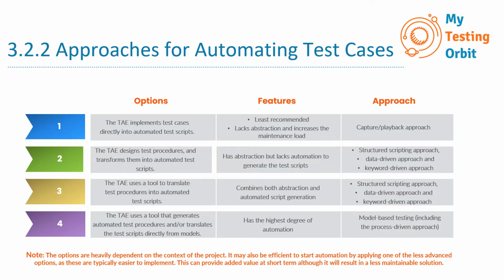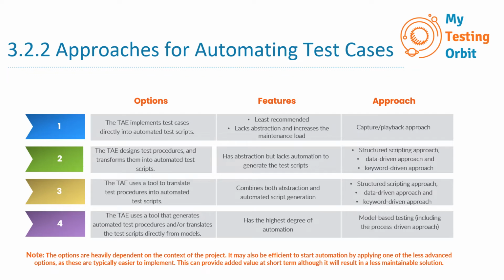Or maybe the first option is good for someone who is beginning automation testing, because they have been doing manual testing and now want to step into test automation. So option 1 is good for beginners and for small projects as well, even though later on it will be difficult to maintain.